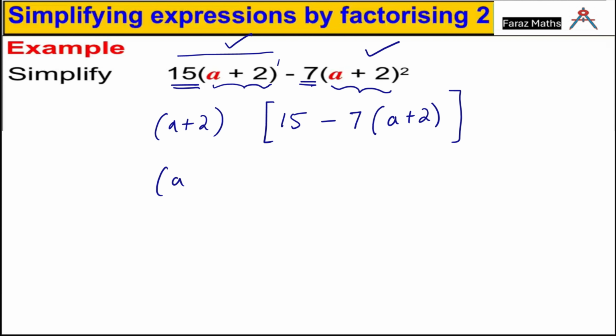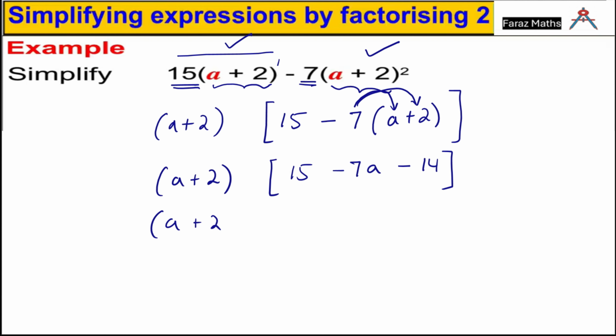The next step would be a plus 2, and then do not subtract 15 and 7 because that's the mathematical mistake. You have to multiply negative 7 with a and negative 7 with plus 2. So 15, then minus 7a, and then minus 7 2s are 14. Then a plus 2. Now 15 minus 7a minus 14, you can do the numbers only. 15 minus 14 is plus 1. So you're left with 1 minus 7a.